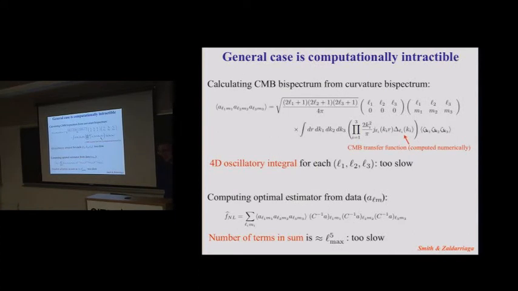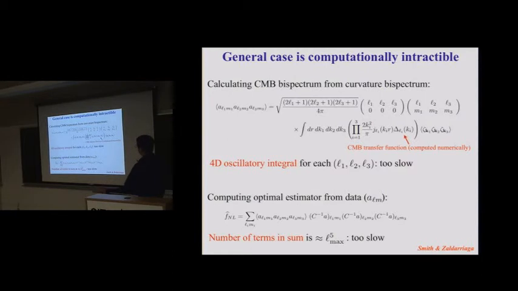So the first thing that we noticed when we started doing this is that the general case is just not computationally tractable. If you try to be too general, this just doesn't work. If you just try to compute the CMB 3-point function from a general curvature 3-point function, you can write down a formula for this.